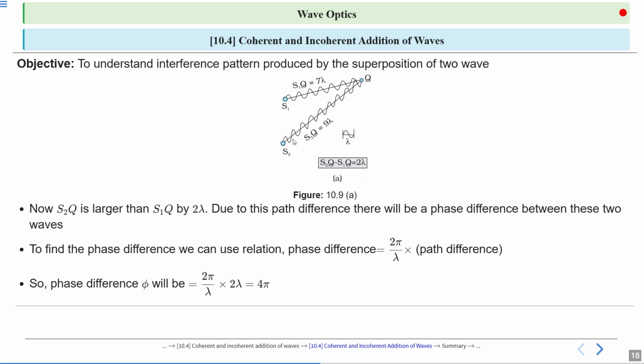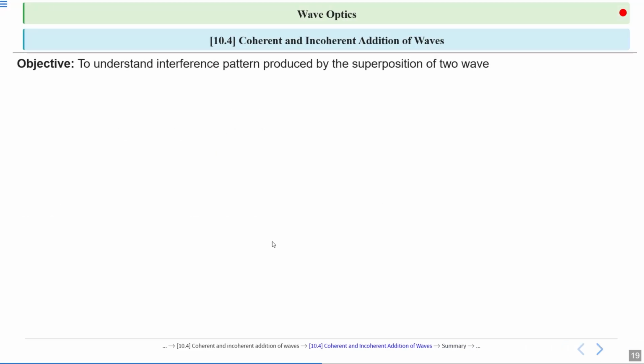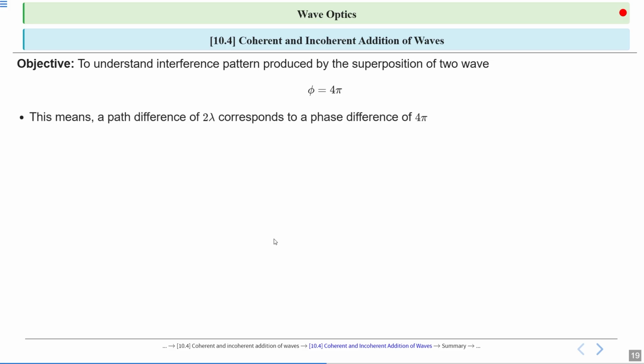So it will be 4 pi. We also know that one cycle represents 2 pi. So 1 lambda represents 2 pi, and 2 lambda represents 4 pi. You can also find this using the formula 2 pi upon lambda multiplied by 2 lambda, which equals 4 pi. This is the phase difference of the two waves starting from S1 and S2. So phi is equal to 4 pi. This means a path difference of 2 lambda corresponds to a phase difference of 4 pi.